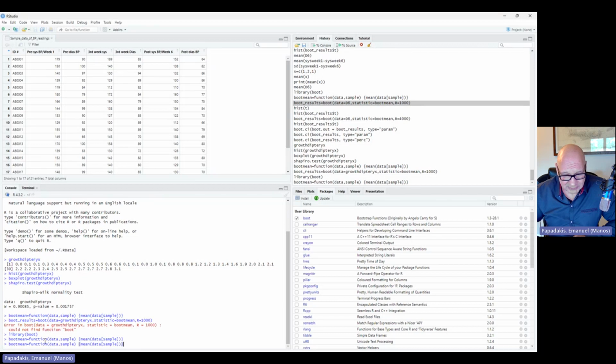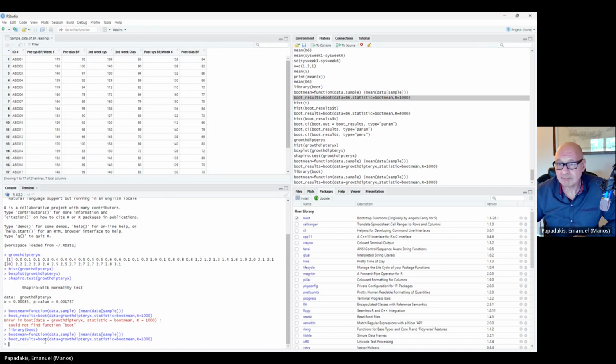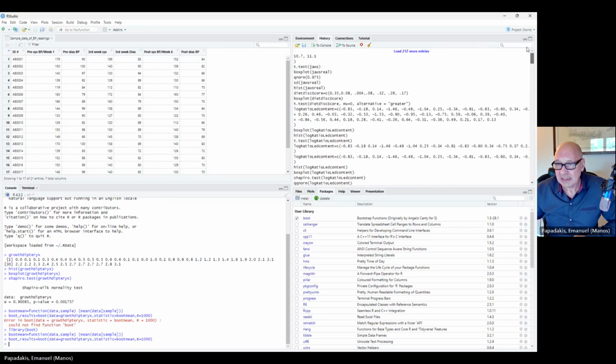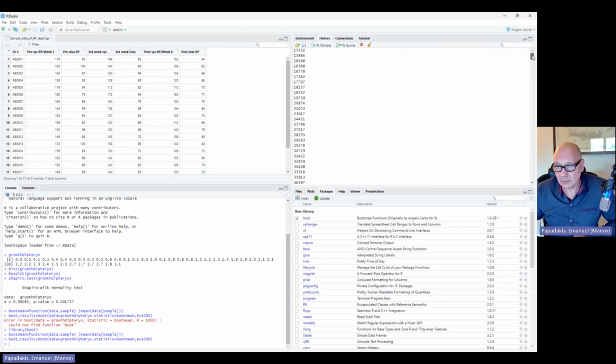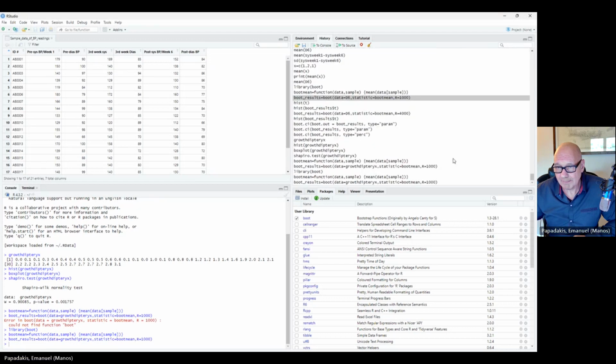We didn't need to run that anyway, because we had already defined it. We just need the boot. And now we have this. In the boot, oh, sorry, environment.